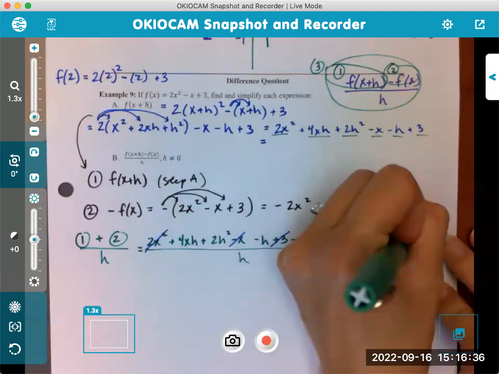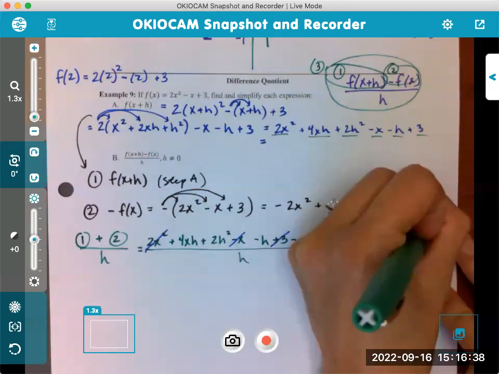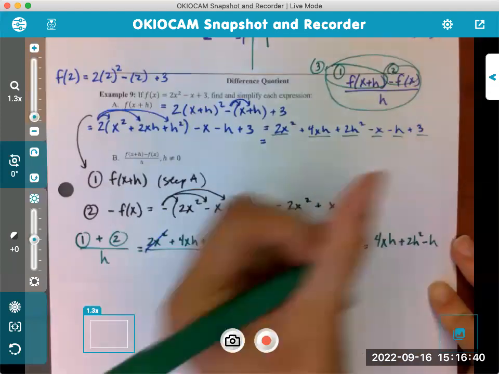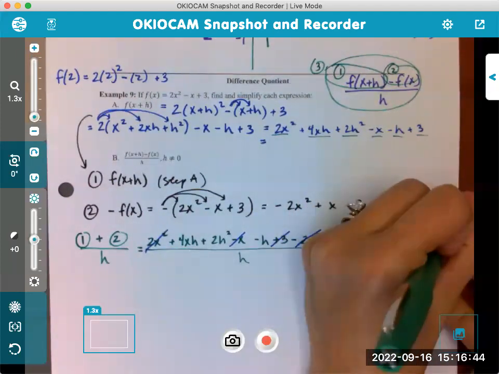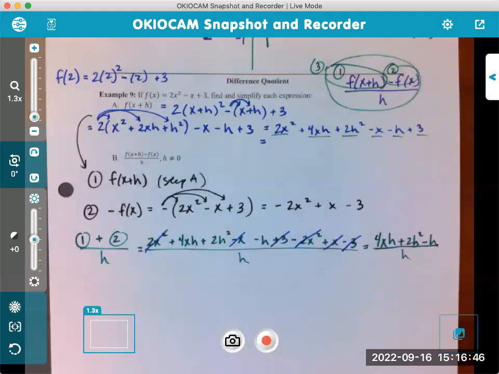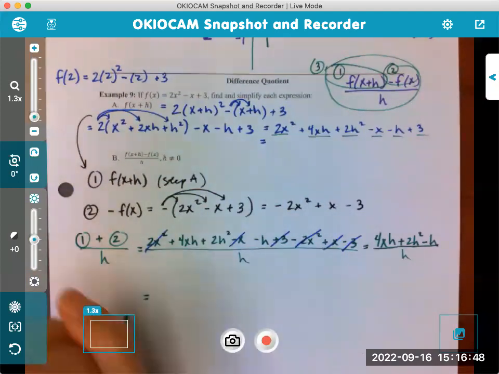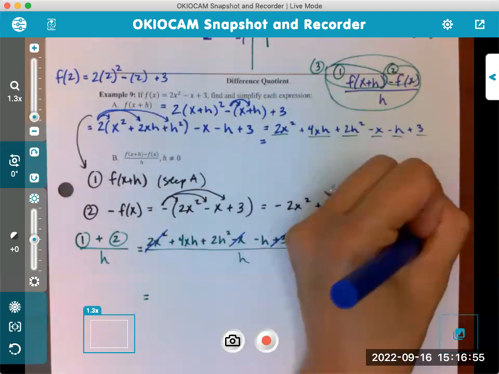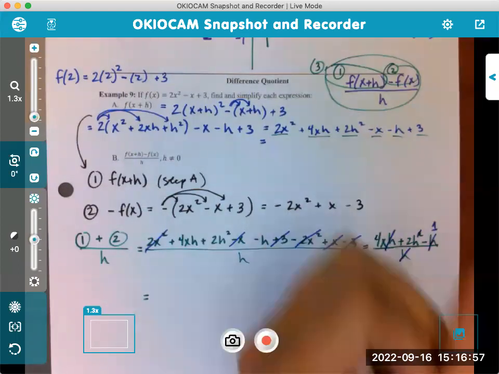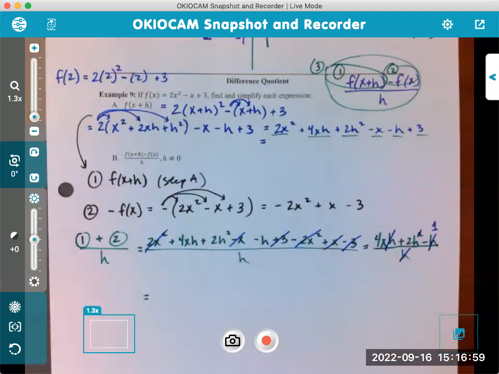The second one, notice as I'm just writing this cleanly, what does every term now have in common? That's right, an h. Do you think that's an accident? It is not. This is on purpose. So this is your second self-check that should give you the nice warm fuzzies.